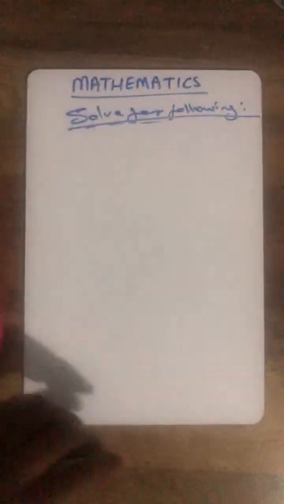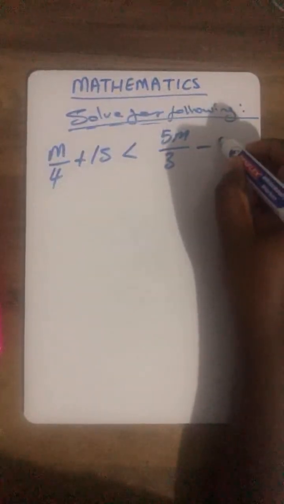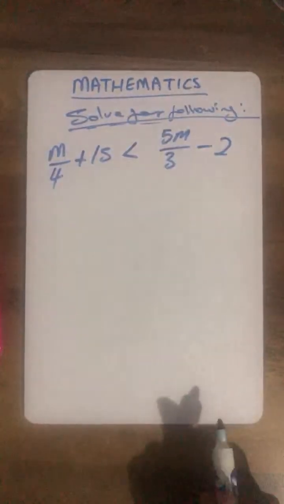Now, look at this, honorable members. I want you guys to pay attention to this one. I want to show you something on this. Okay, that over that plus that less 5. This is not 5 million, honorable members. This is just 5 minus that. Can you guys see?